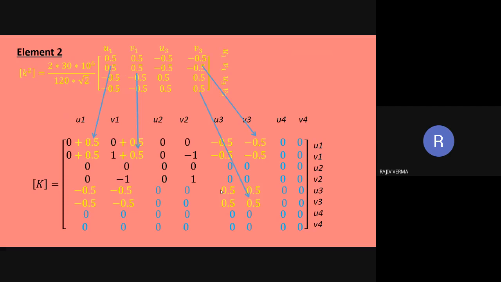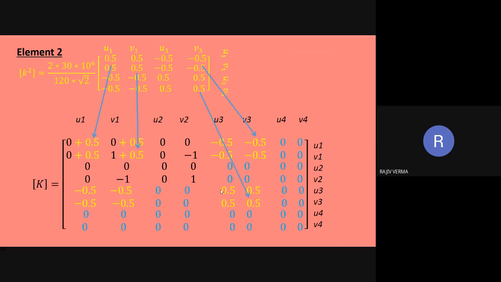These are the columns corresponding to U1 and V1, that is the degrees of freedom corresponding to node number 1, and the contributions of both the elements are overlapping, because node number 1 happens to be shared by both these elements. Both element number 1 and element number 2 are sharing node number 1.